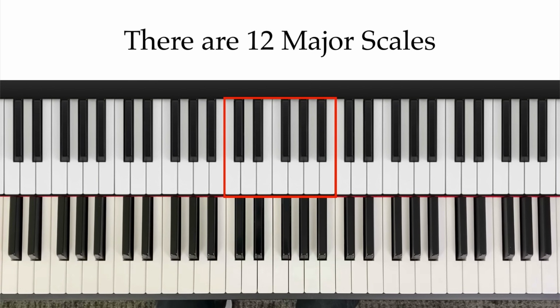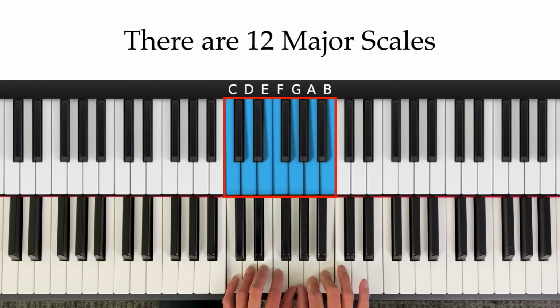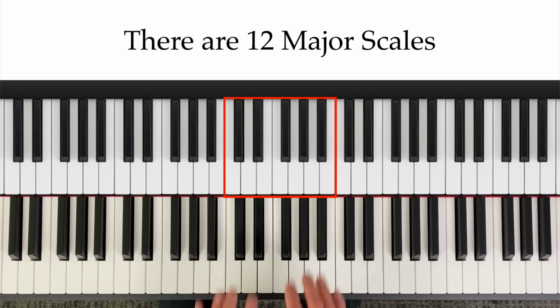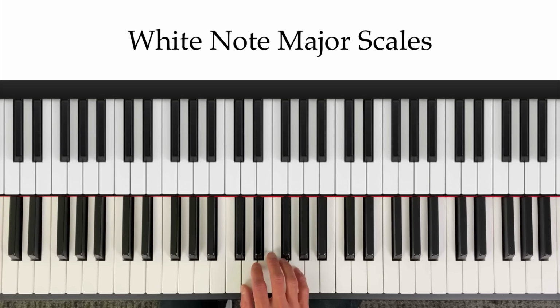Since there are 12 unique notes, 7 white notes, and 5 black notes, we have 12 starting places to apply the formula, so we have 12 major scales. Here are the 7 major scales starting on a white note.